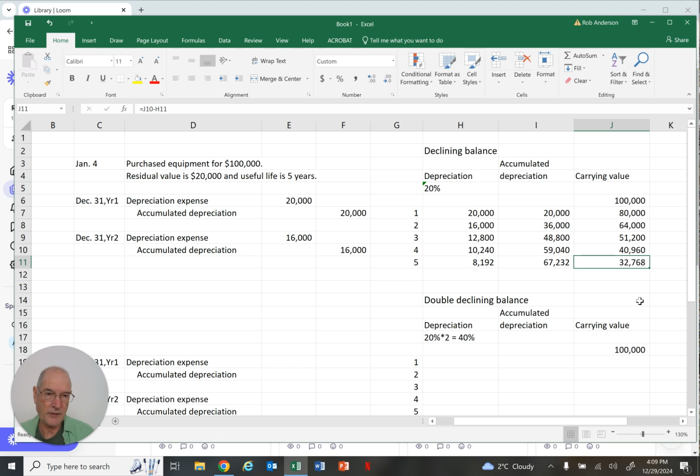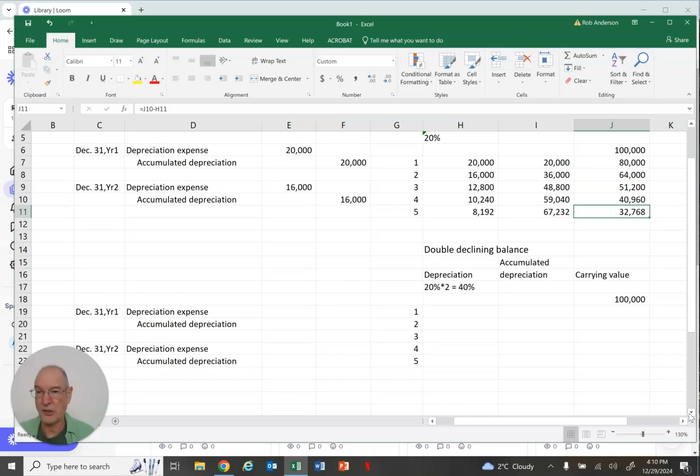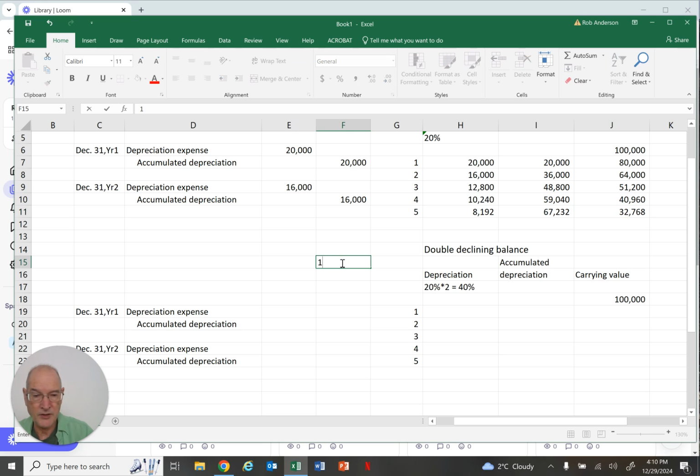So I've left this table blank because we need to figure out how this plays out over the 5 years. So let's just build this table and see what we have. First of all, when we talk about double declining balance, that means double the straight line rate. So again, here is 100, let's say 100%.